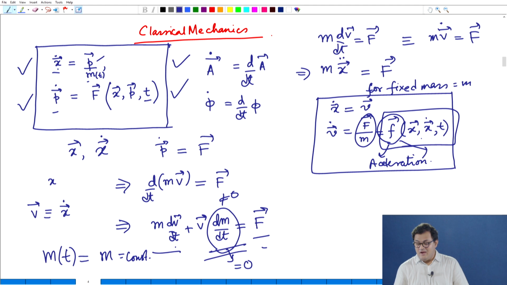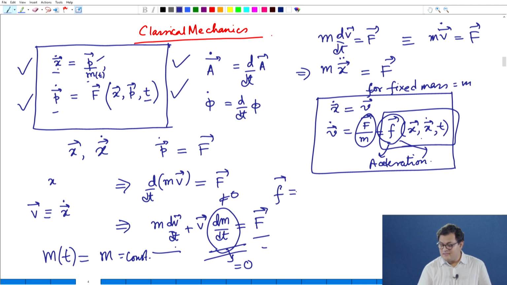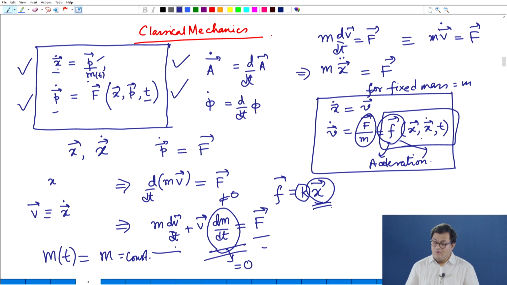For example, let us say f is a function like this, some constant times the x vector itself. Here the x itself explicitly appears, so you have to write it explicitly and not just as a function of t.